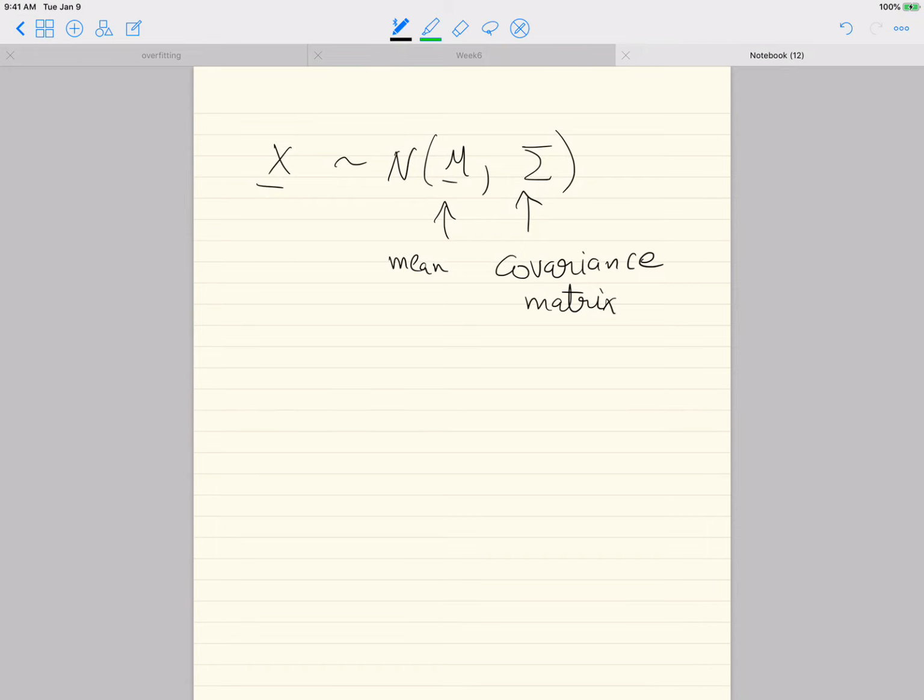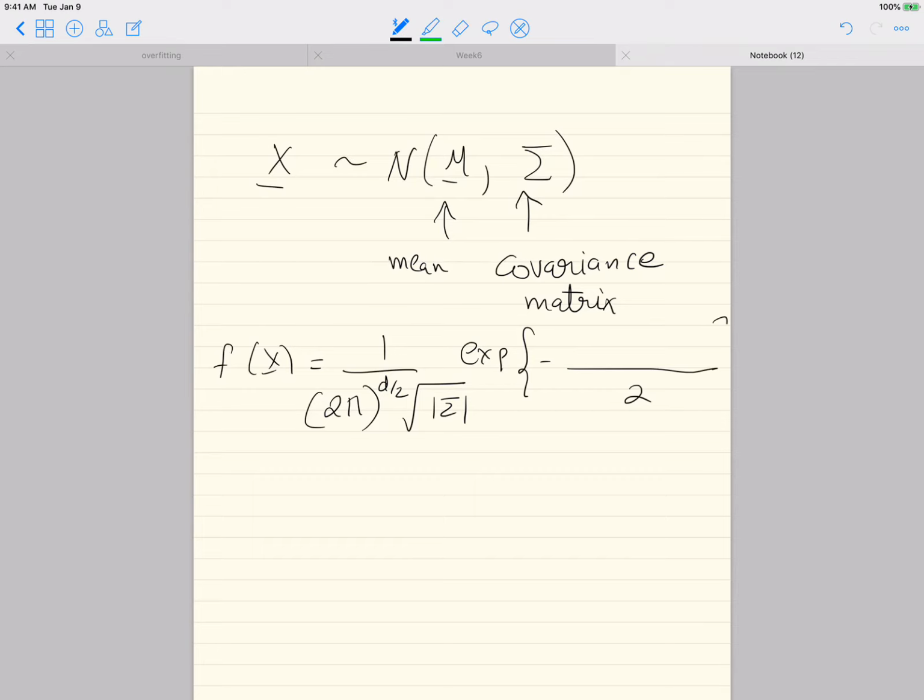And the idea here is that once we have this, it's implied that fx is 1 over 2 pi to the d by 2 times the square root of the determinant of sigma, times exp of minus one half x minus mu transpose sigma inverse x minus mu. So once you have this notation, you immediately know the PDF of the Gaussian vector x. There is a one-to-one relationship between this notation and this PDF.